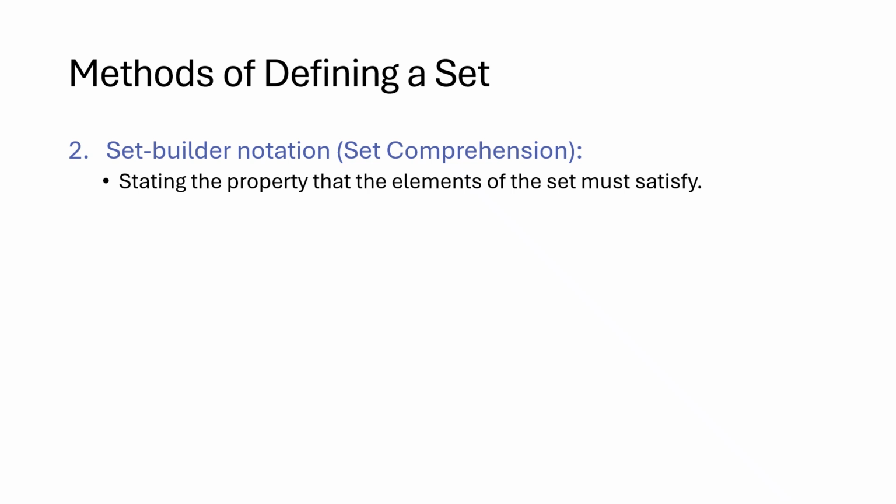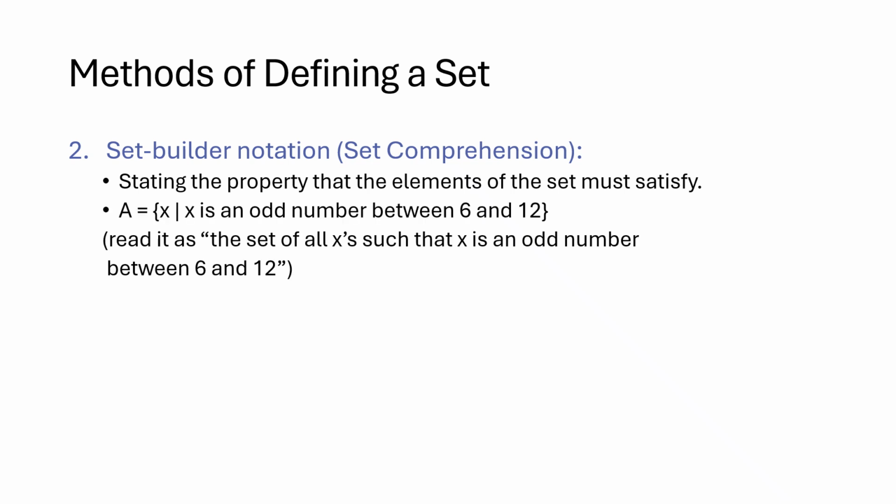What we do here is that instead of listing all the elements, we write down the property that the elements of that set must have. For example, we can write A, which is the name of the set, is equal to the set of all x's, as you can see here, such that x is an odd number between 6 and 12.